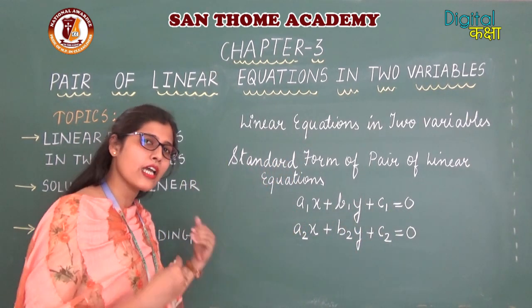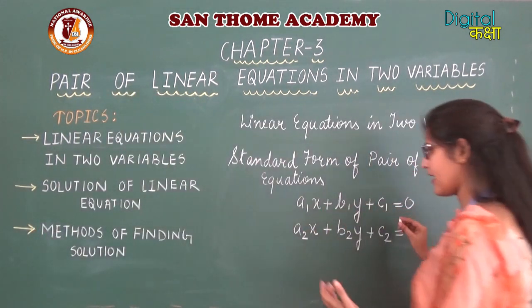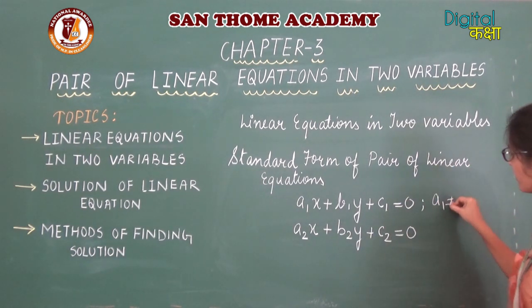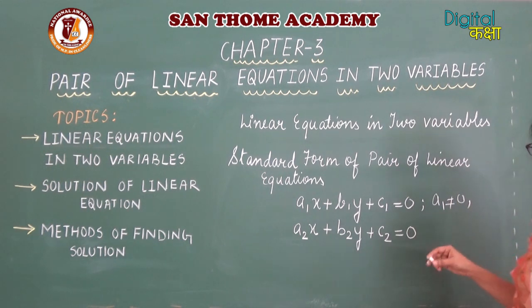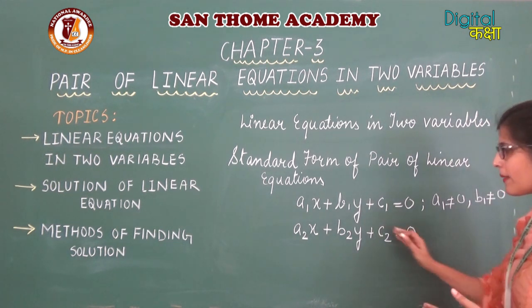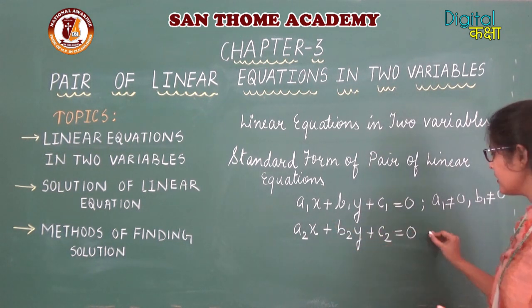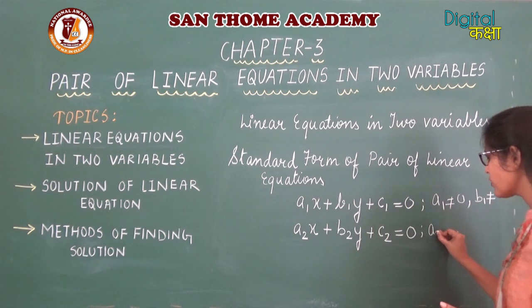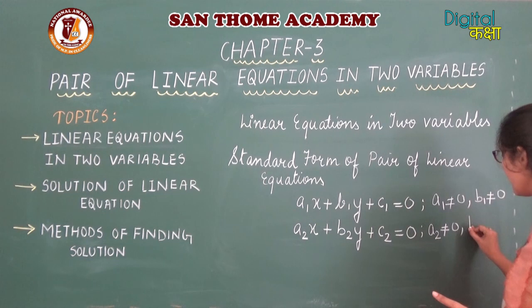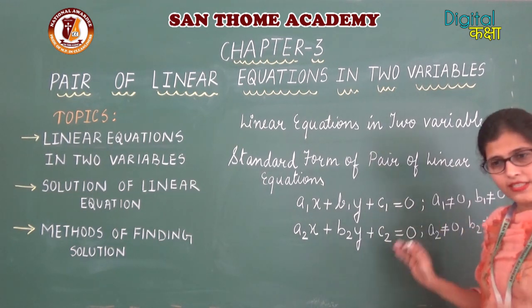Now here also the conditions will be the same, that the value of a1 should never be equal to 0 and the value of b1 should also never be equal to 0. Same applies for the second equation, that the value of a2 should never be equal to 0 and the value of b2 should also never be equal to 0.